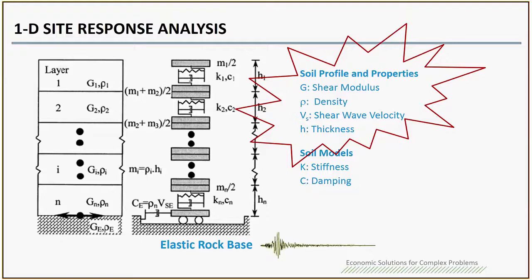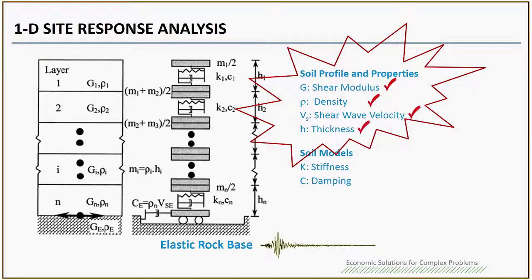In this class, I gave you a general description of how to determine soil profile and properties for the site response analysis. Basically, we covered the approaches to calculate shear modulus, density, shear wave velocity, and the uncertainties.